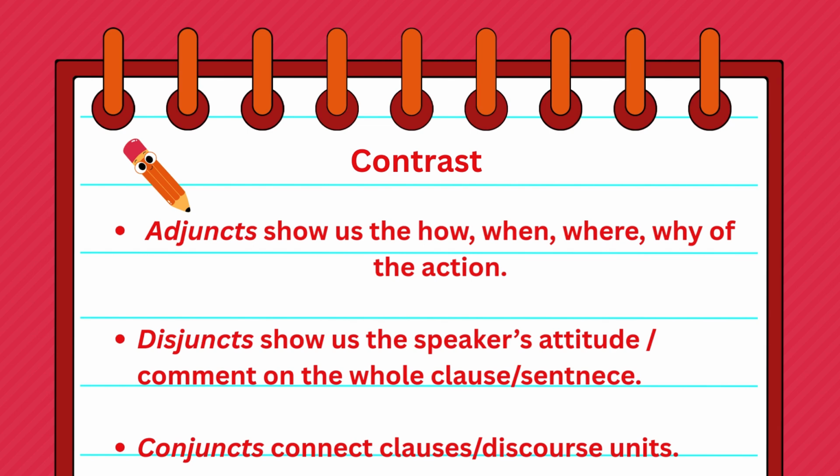A disjunct shows us the speaker's attitude or comment on the whole clause or sentence. A conjunct connects clauses and discourse units. So what it does is to connect clauses or sentences. So these are the contrast between the three types of adverbs or adverbials.